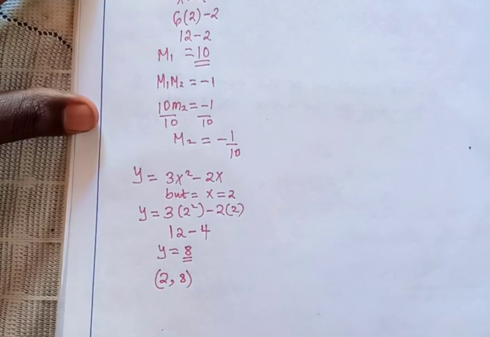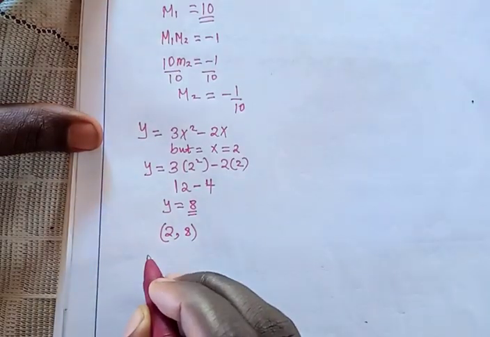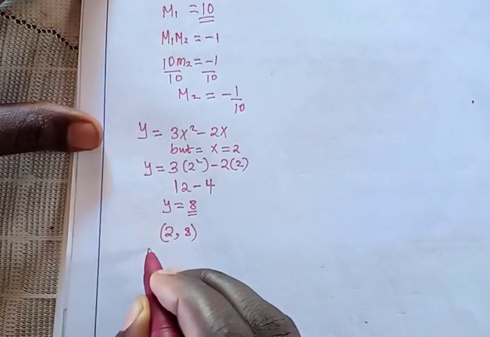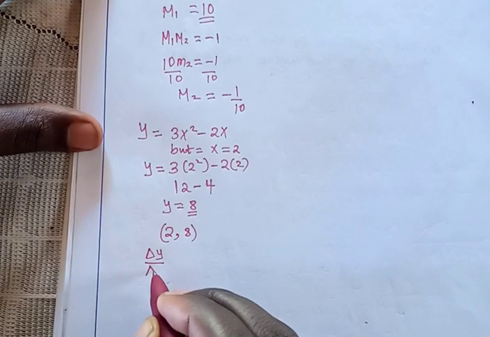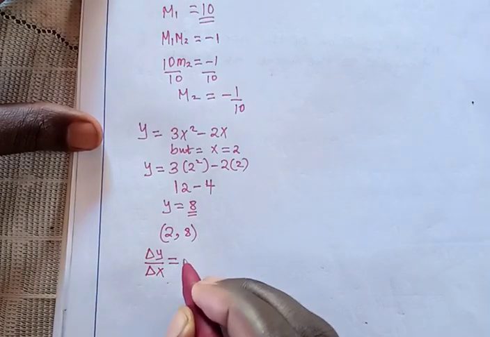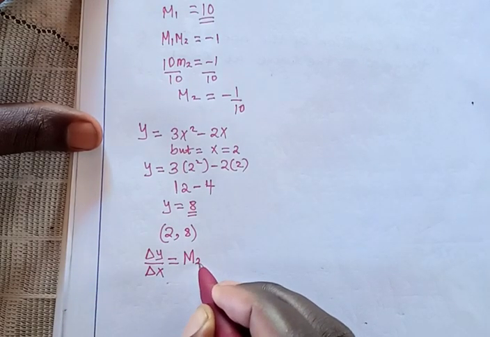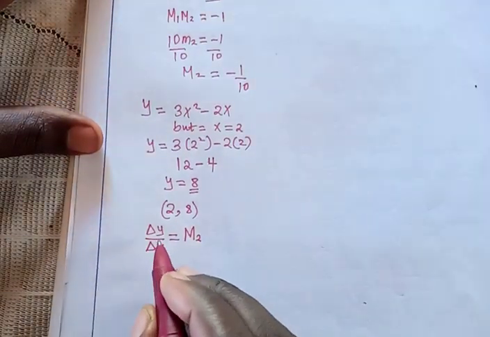Now we can proceed and work out the equation of the normal. The equation is the change in y over the change in x, which we equate to the second gradient that we obtained, m2. So what is the change in y?